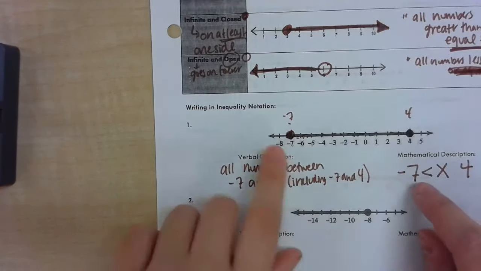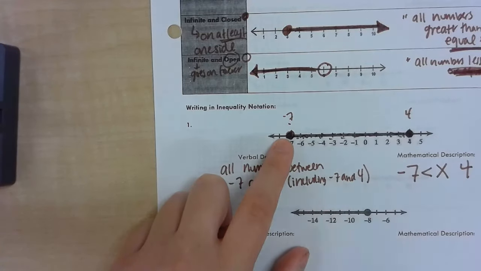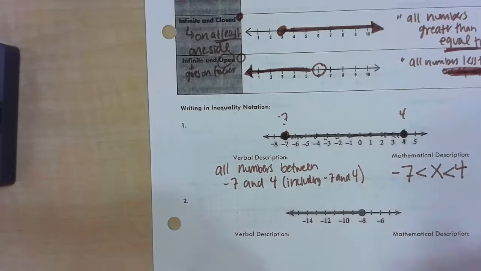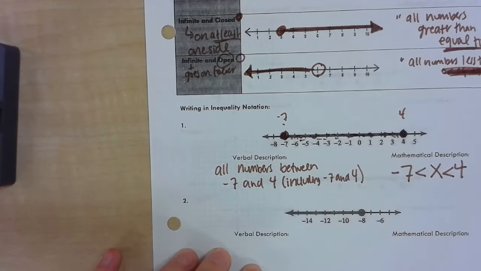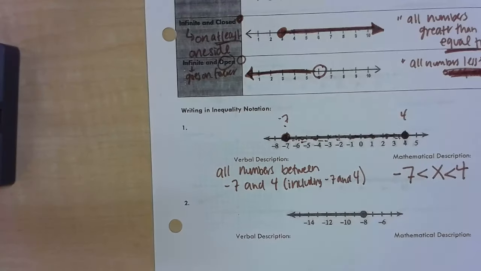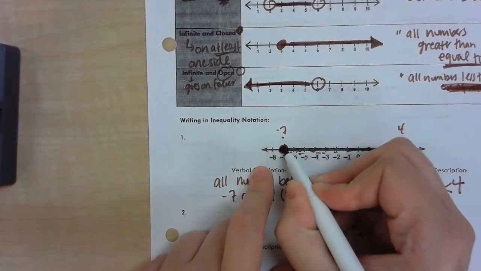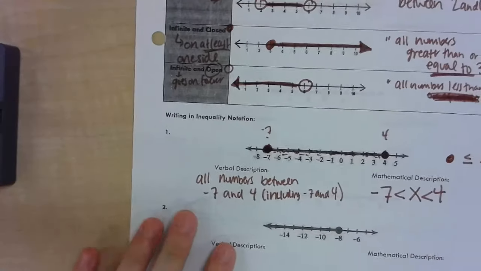That's true because -7 is going to be lower than any of my possible x values in here. And x is also less than 4, which is exactly right again because I know that all of these numbers in here that I'm looking for have to be less than 4. The last thing I'm missing is because they're included, I always know that if I'm using a closed circle, that means I have to use less than or equal to or greater than or equal to.